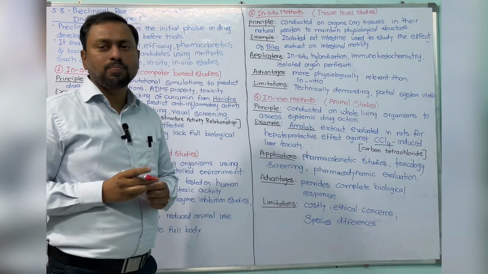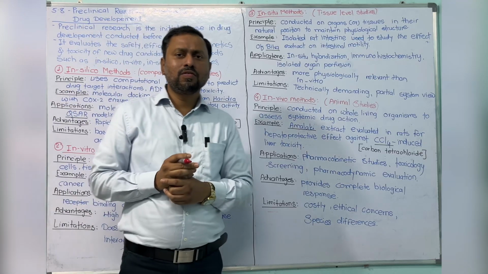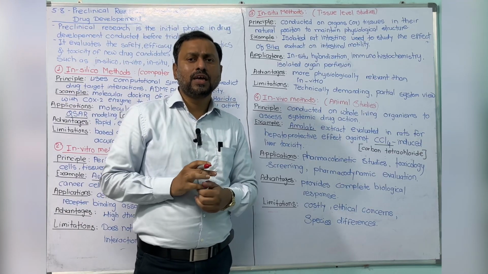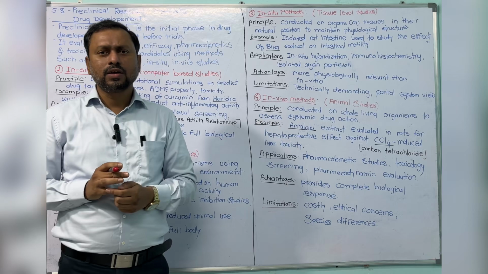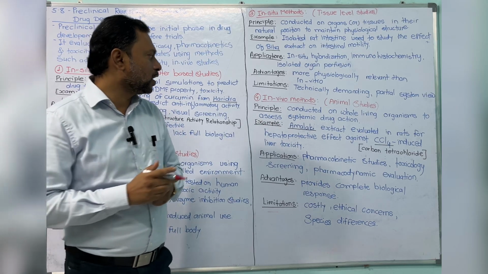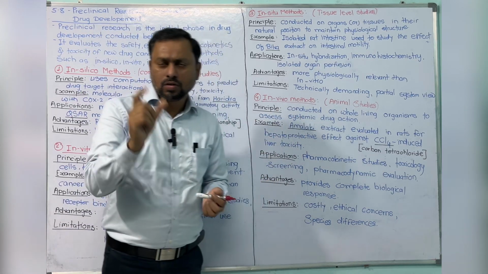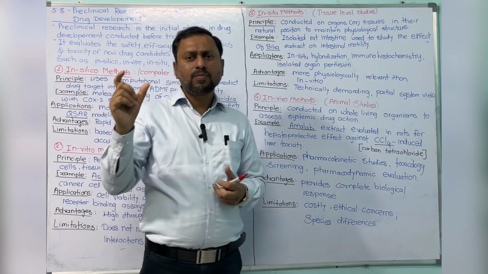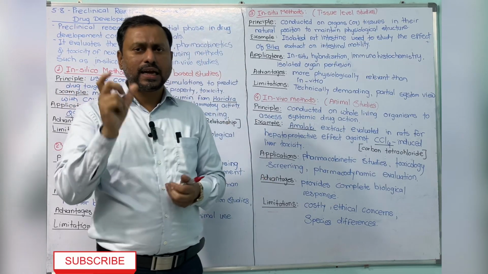The next example is amlaki. You can take Amblica officinalis, amlaki. How are we using it? You can take the rat; in animal studies, we have to take rats separately.